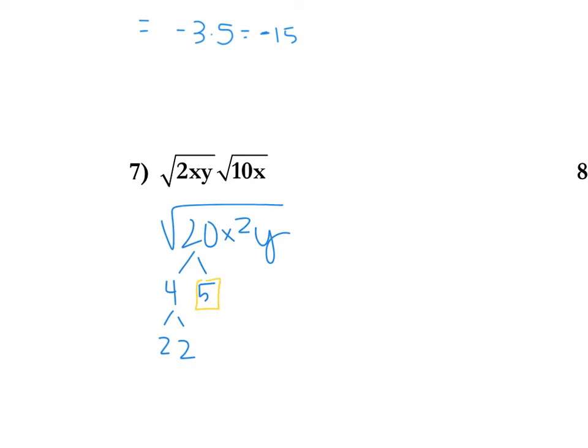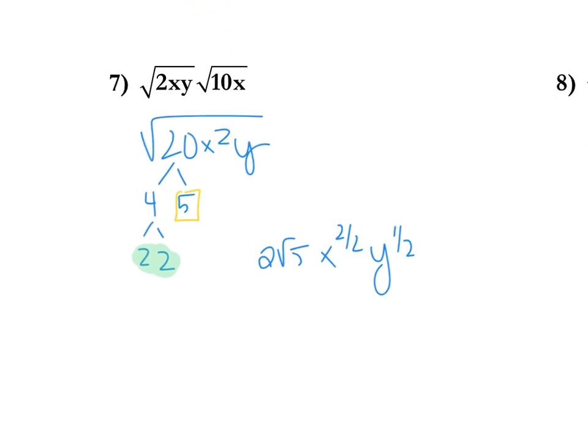So I can box a 5. I can take a group of 2's out. So I have 2 root 5, x to the 2 over 2, y to the 1/2.